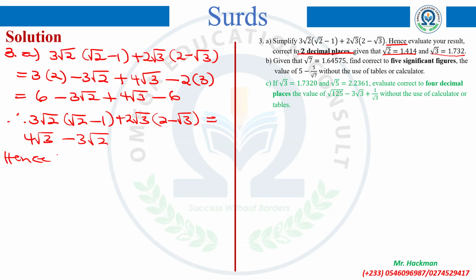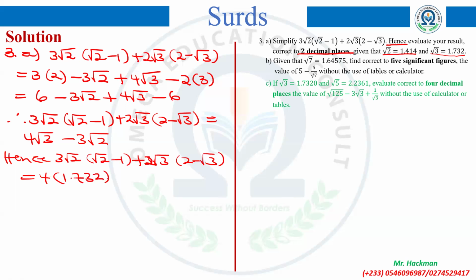So I'll write hence 3 root of 2 into root of 2 minus 1, plus 2 root of 3 into 2 minus root of 3 will be equal to 4 into root of 3, and that is given. What is root of 3? 1.7, okay, 3.2. Then minus 3 into root of 2, and that is what? 1.414. All correct.